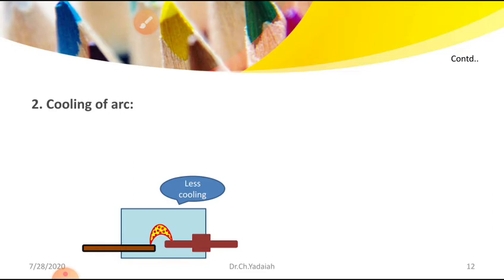Once these active particles, electrons and ions, recombine into neutral molecules, there are no active particles. Due to this, there is no arc present. That's why we cool the arc. Once it is cooled, deionization of the medium between the contacts takes place.